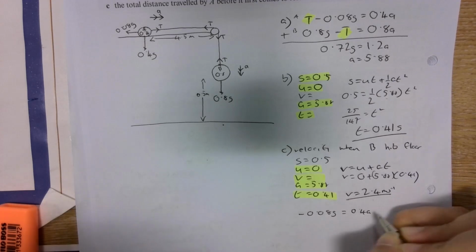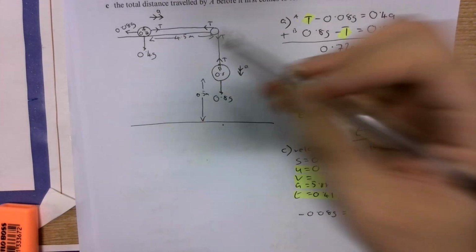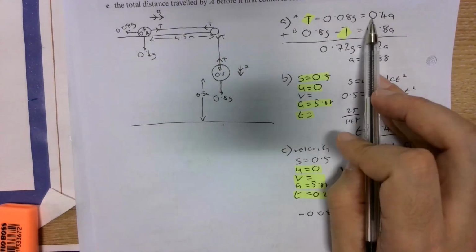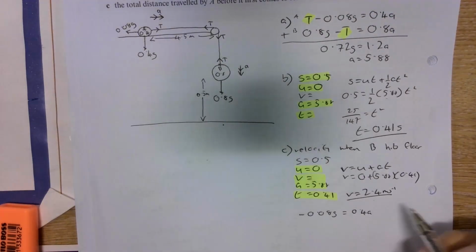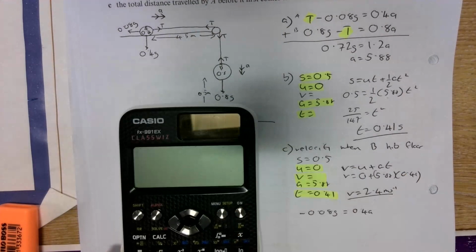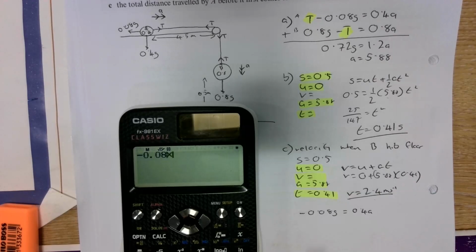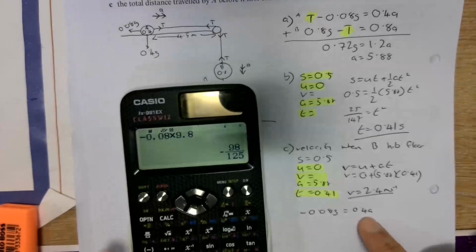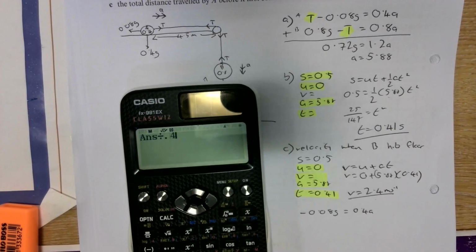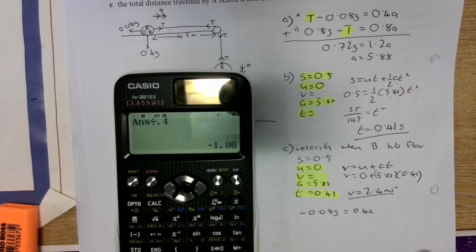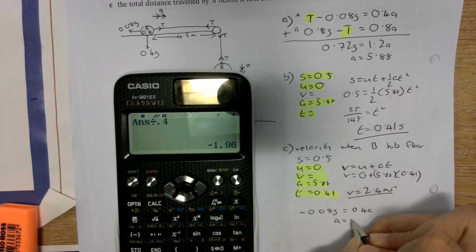Tension becomes 0 because the string is slack. If I solve this, minus 0.08 times 9.8 divided by 0.4, that gives me a new deceleration, an acceleration of minus 1.96.